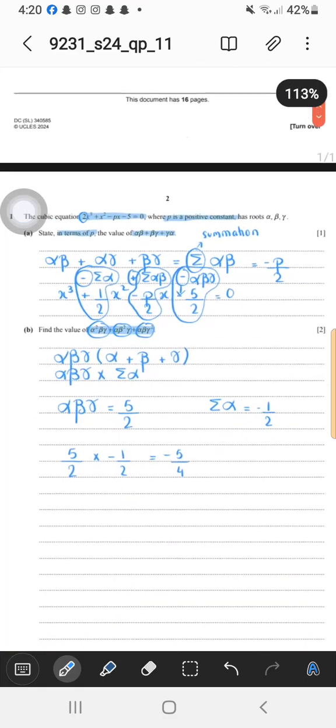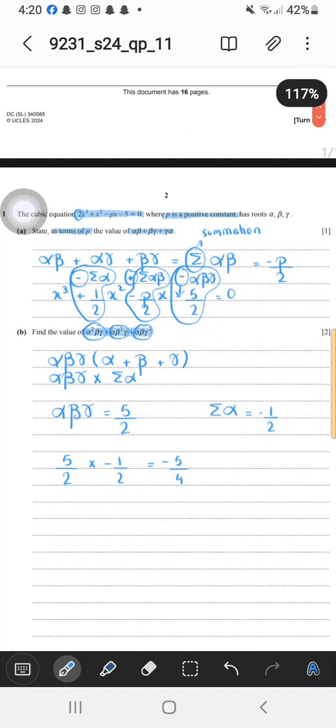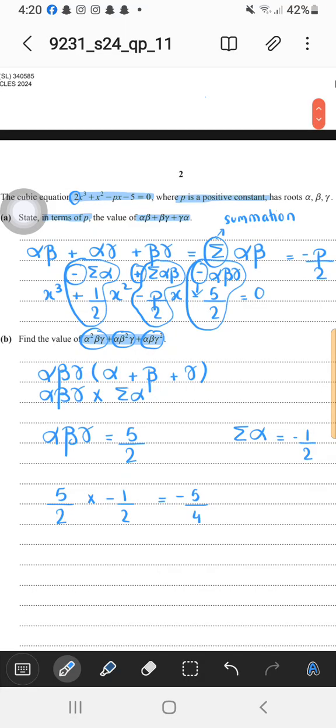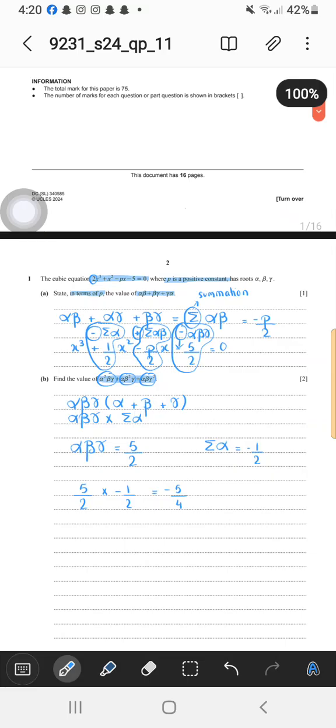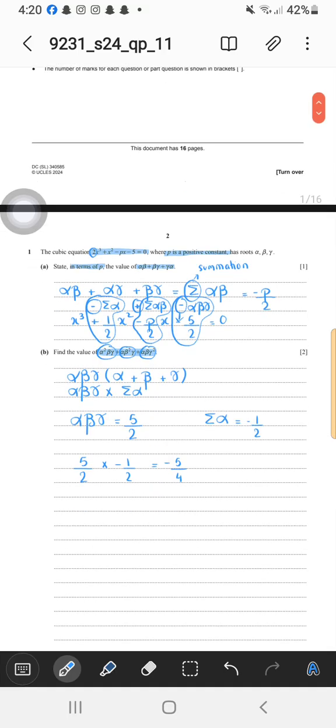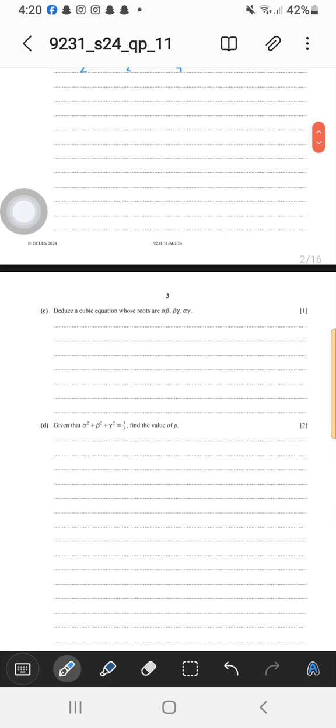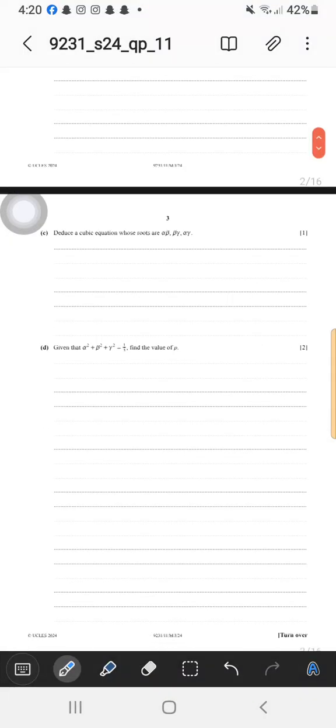Then we simplified alpha square beta gamma plus alpha beta square gamma plus alpha beta gamma square as alpha beta gamma multiplied by summation of alpha, put in the values from the given equation, and got the answer negative 5 upon 4. So let's move to the next part.